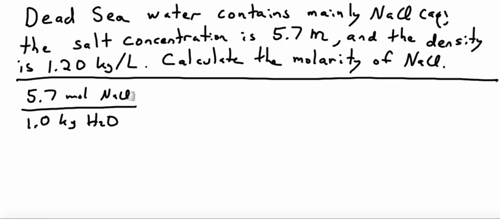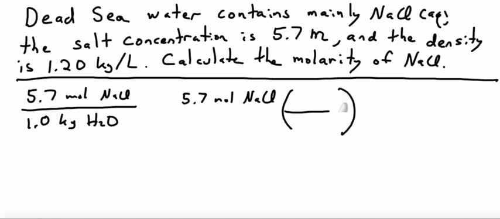First of all, this amount of sodium chloride, what mass is that? We have 5.7 moles of sodium chloride. So we need to get a periodic table out and calculate the molar mass of sodium chloride. This is 23 and this is 35.5, so we get 58.5 grams of sodium chloride for every 1 mole.